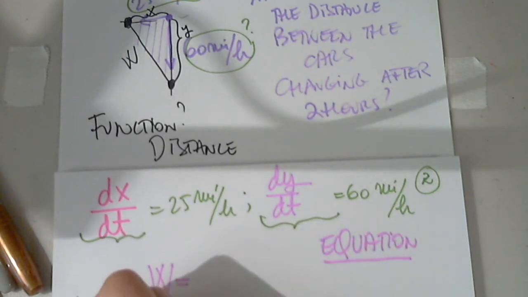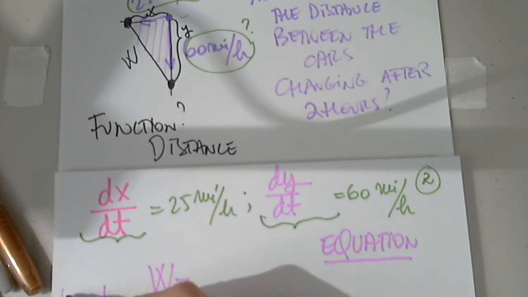Yes, I agree. dW over dt is what I'm asked to find. Absolutely. When time equals 2 hours. I agree. This is the question. I was going to get to that in a minute, but you're way ahead of me, which is great. This is what I'm asked to find.